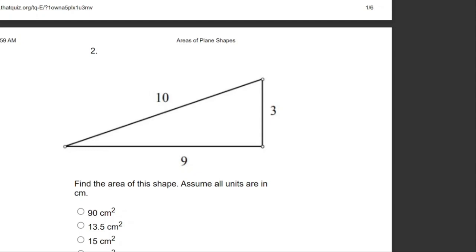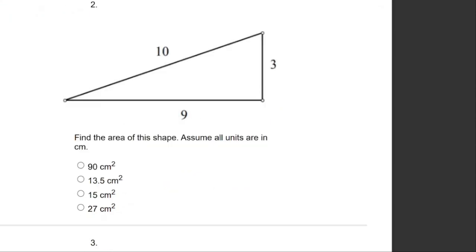The next question, area of triangle is half. So for question 2, this is a triangle. We want to find the area of the triangle here. First thing, area of triangle is half base times height. So that means we're going to have the base. 9 is the base, and the height is what?